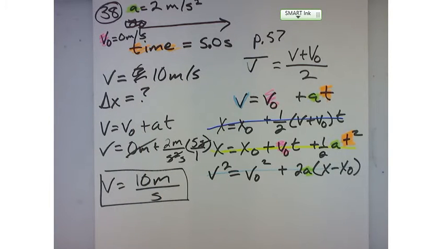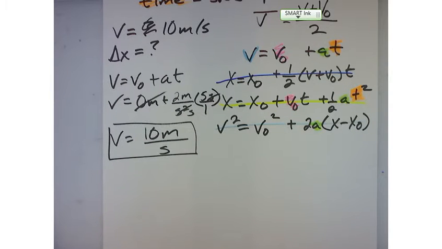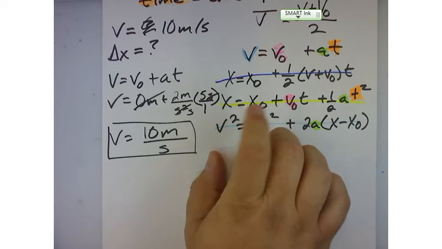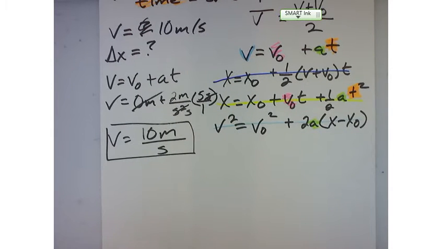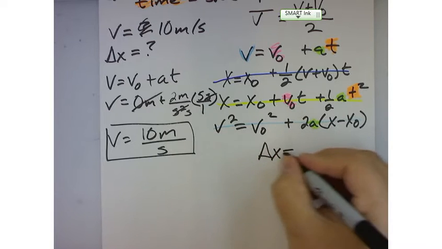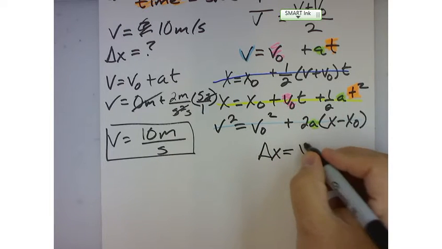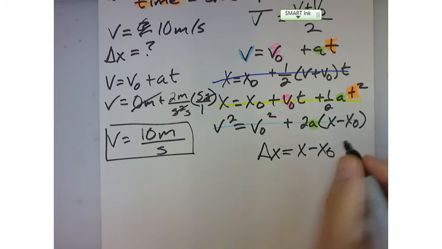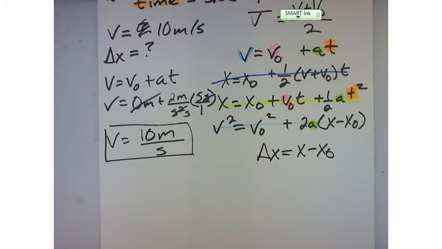So now the next thing I need to do is find the displacement. Okay. So to find the displacement, I can pick any one of these 4 equations. I need to pick an equation though that has x minus x naught. Now I'm going to let you in on something. Mr. Adams always in his mind thinks to himself that delta x is equal to x minus x naught, because a lot of times they'll tell you how far you're traveling.